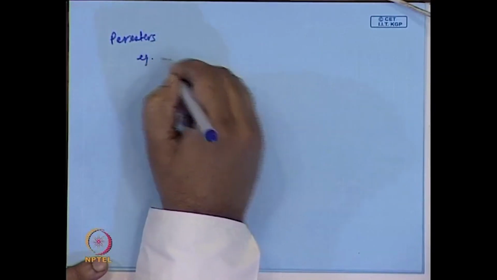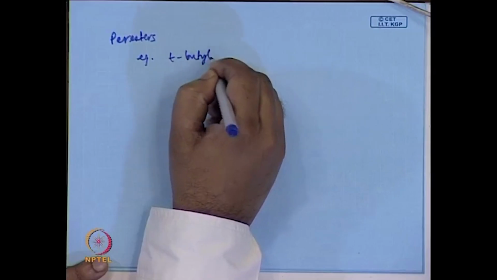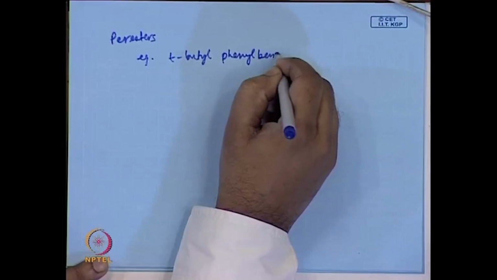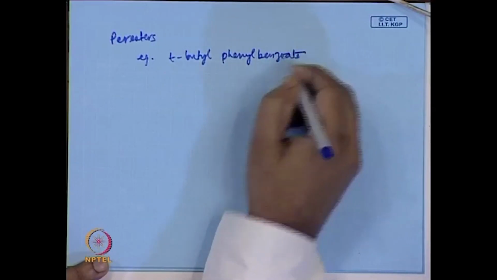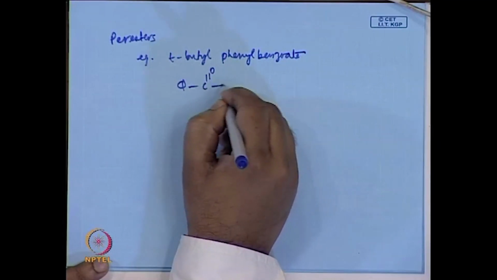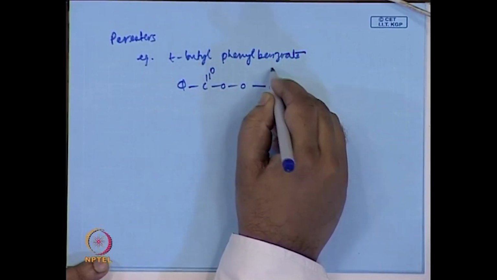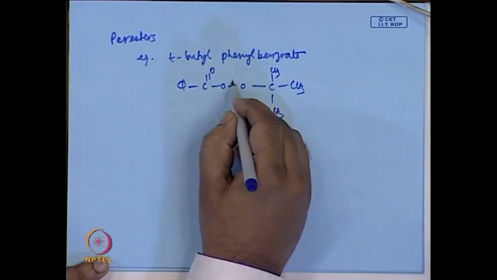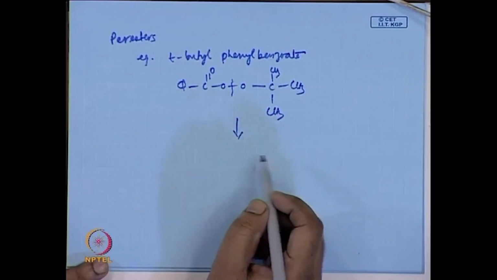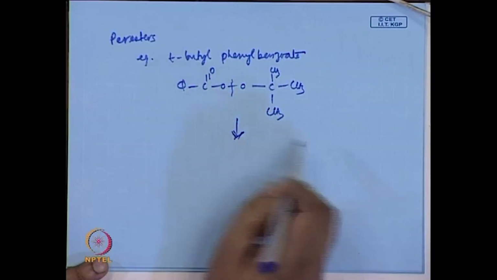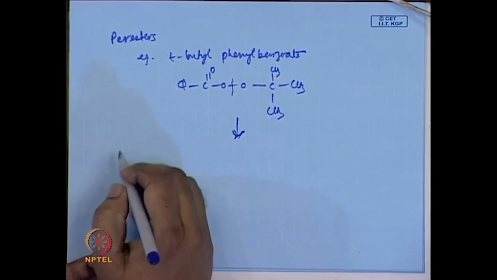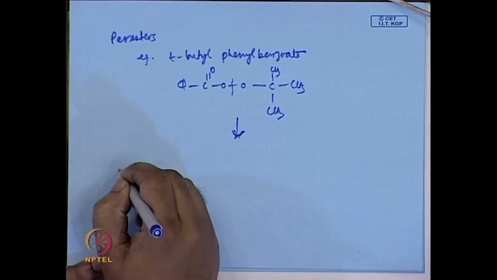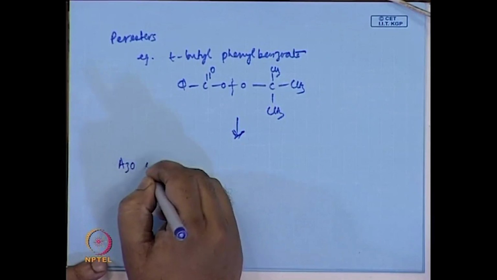For example, tertiary butyl phenyl perbenzoate can break from here and form two different radicals. Now, the other main type of thermal initiator are azo compounds.